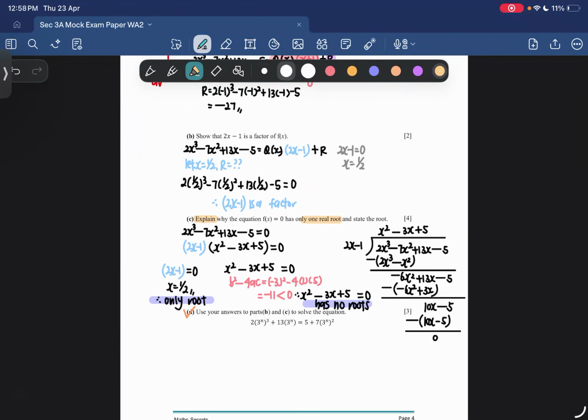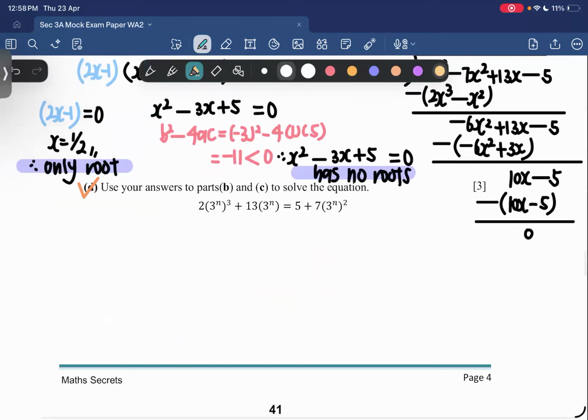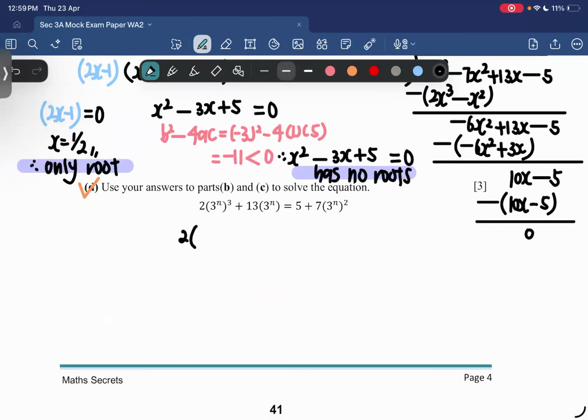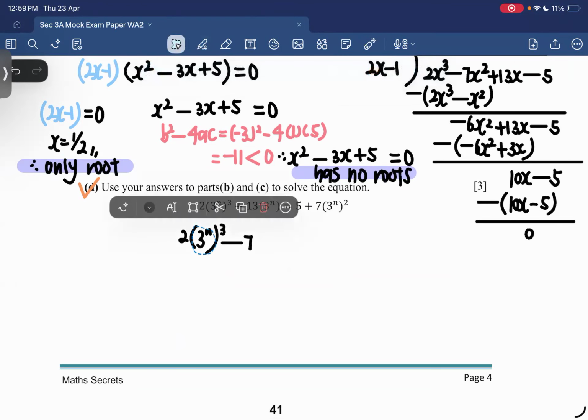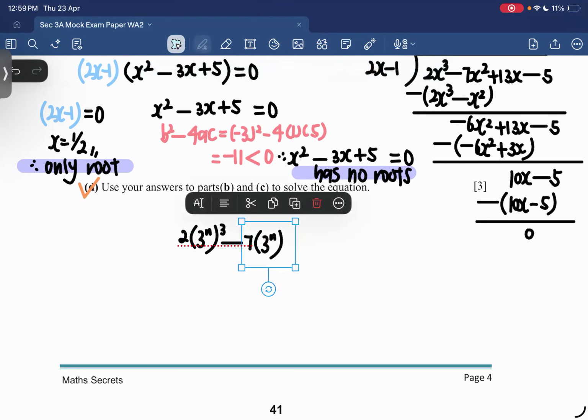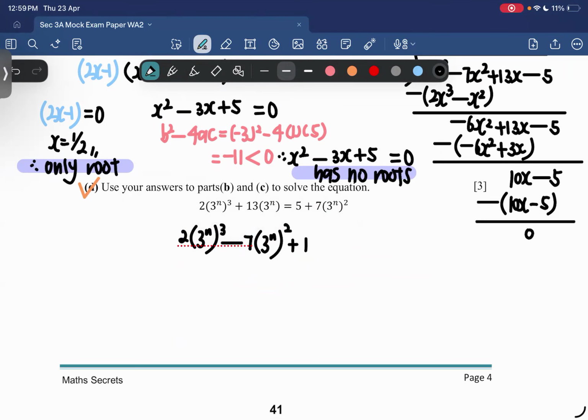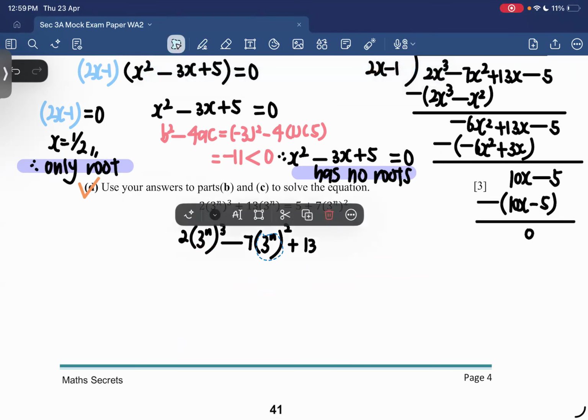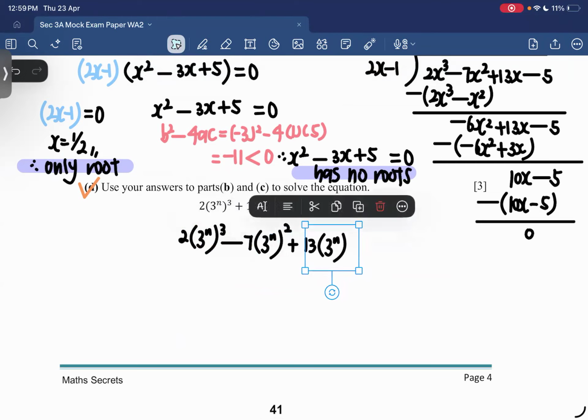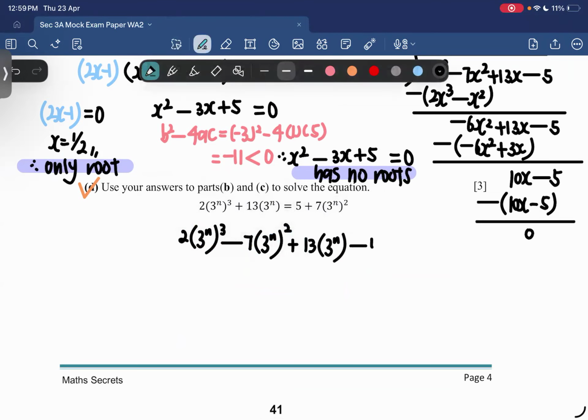So what I want you to notice is, we bring everything over. So 2 bracket, we will always arrange in terms of highest power. So start from highest power. So we have power 3 here. Next one is 7, this one power 2. Okay, plus 13, this one power this thing here. Okay, and then minus 5 equals to 0.